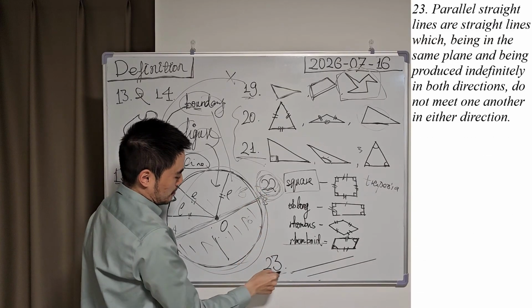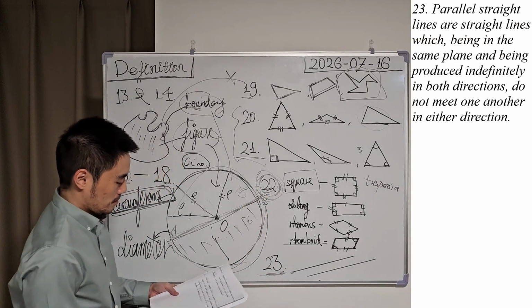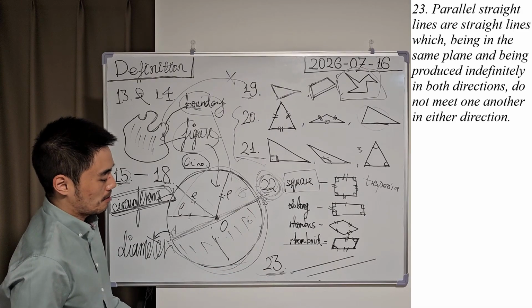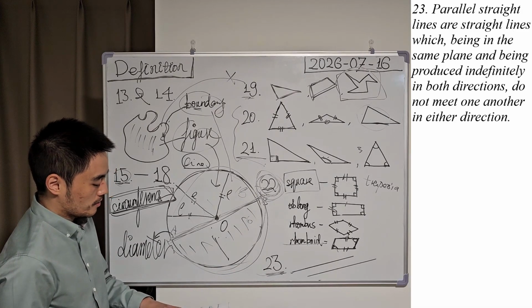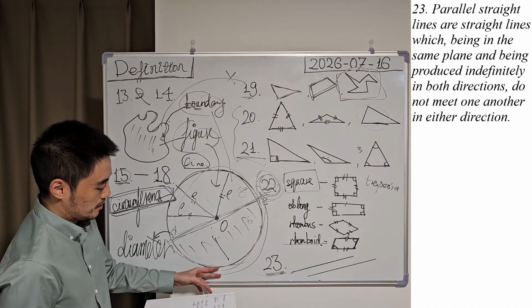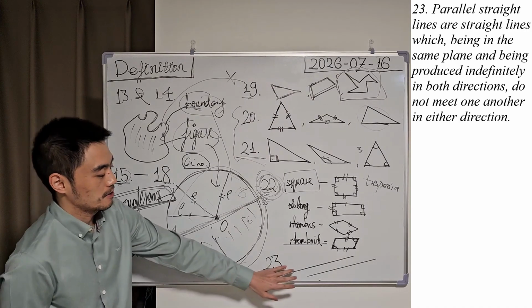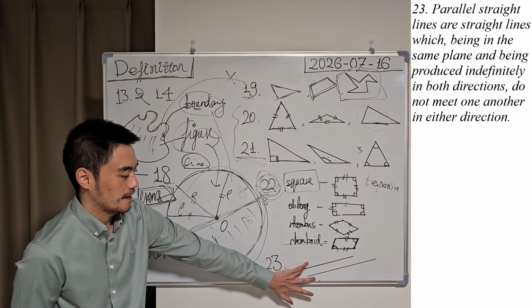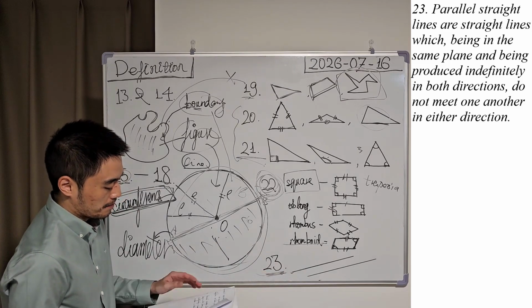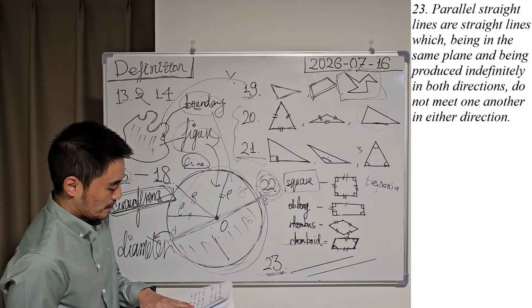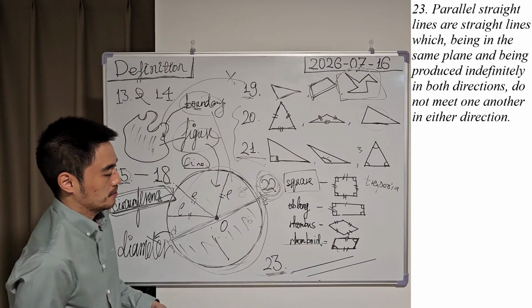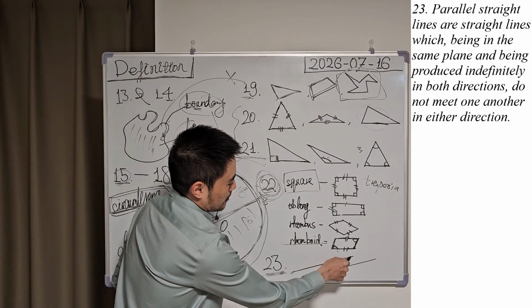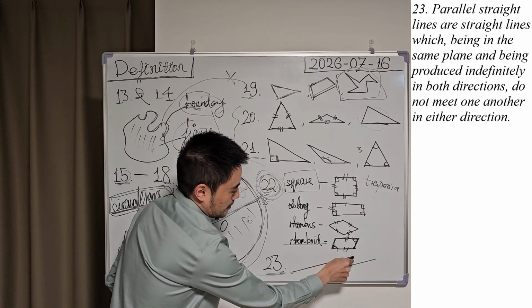Let's move to the final definition, 23. It talks about parallel lines. The parallel straight lines are straight lines which are in the same plane. So at first they have to be in the same plane, and being produced indefinitely in both directions, which means we can extend them to infinity on both sides.